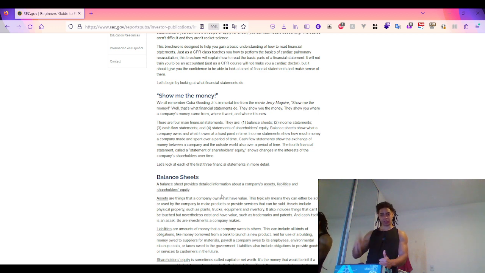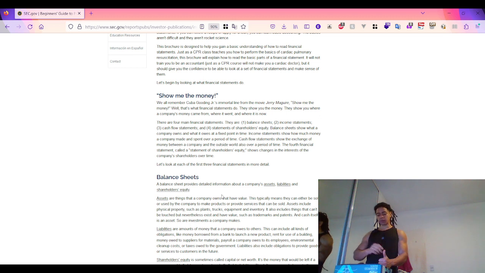So it represents how much money will be left over to the shareholders if a company decides to sell off all of its assets and pay off all its liabilities.